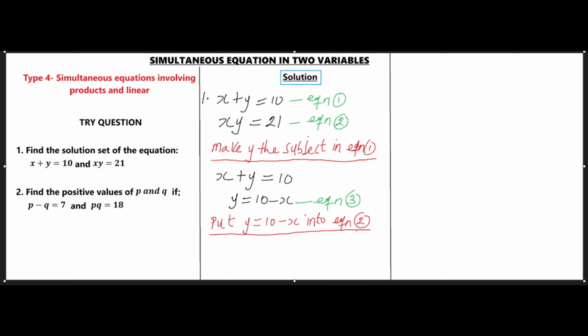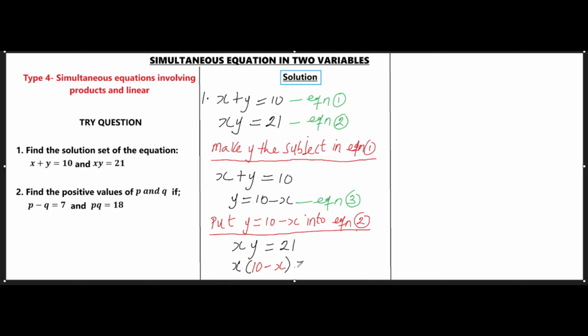So let's quickly do that. With the product equation, we have xy is equal to 21. Then remember, we are doing the substitution. So in place of y, we substitute 10 minus x.